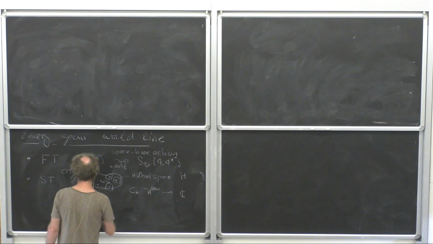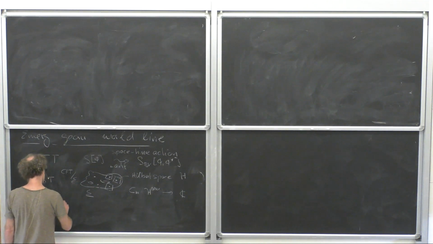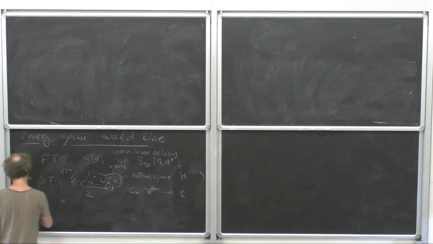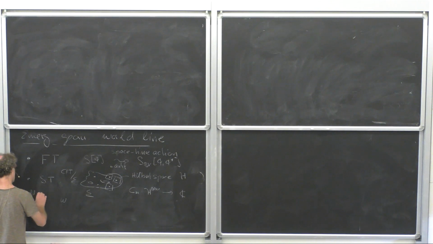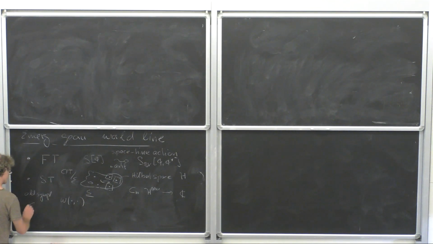So that's usually the starting point in string theory. On top of it, typically we have not just vertex operators, but also an inner product or an odd symplectic form, omega, which in string theory you can just think of as the two-point function on the sphere.